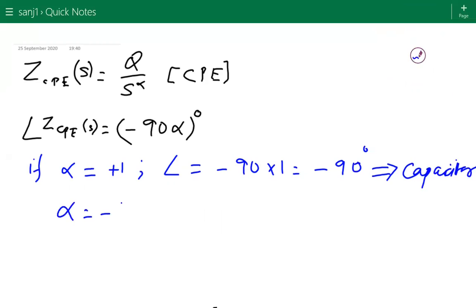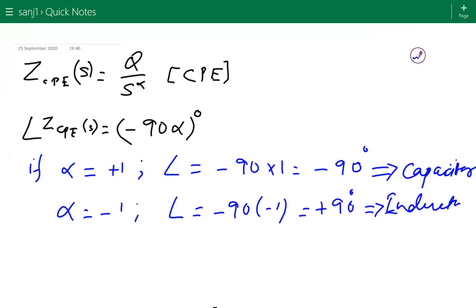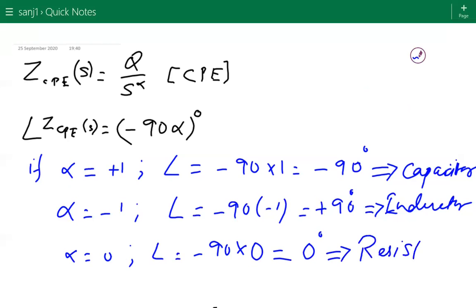Similarly, if alpha equal to minus 1, then this angle will be minus 90 into minus 1. This will take the form of plus 90 degrees, which is the clear case of an inductor. And obviously, if alpha equal to 0, then this angle will be minus 90 into 0, which becomes 0 degrees, and it is given by a resistor.